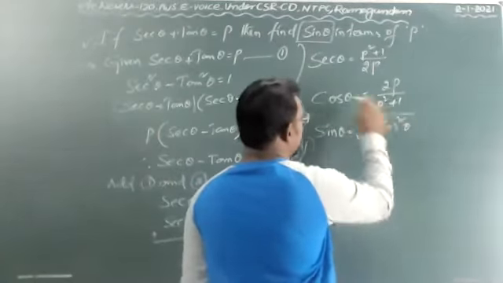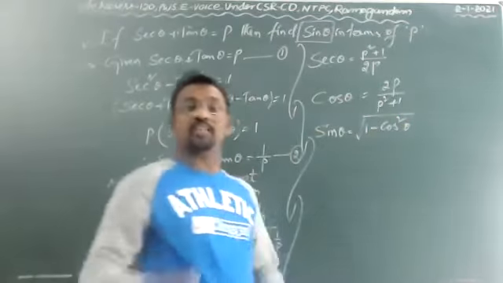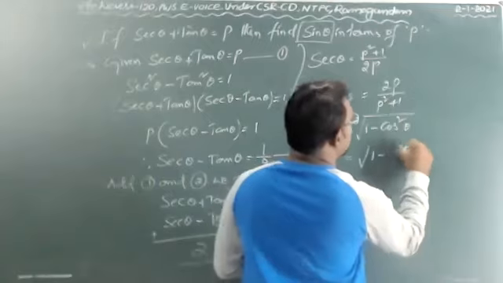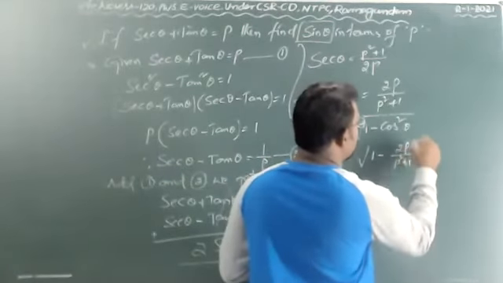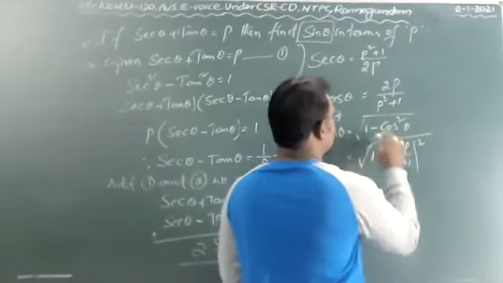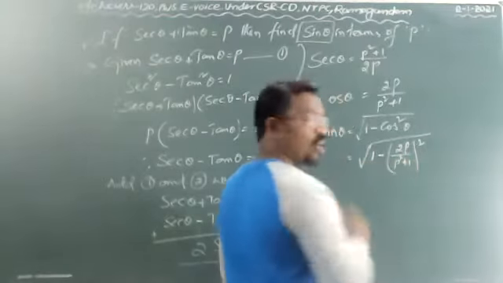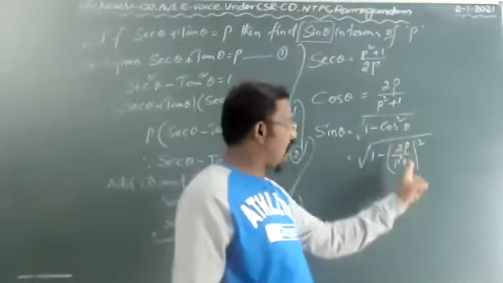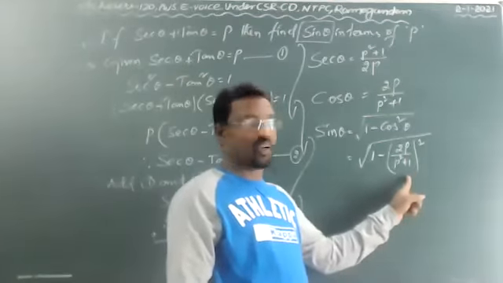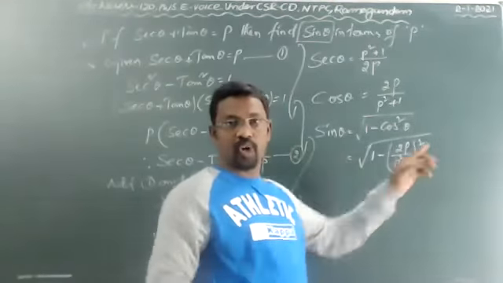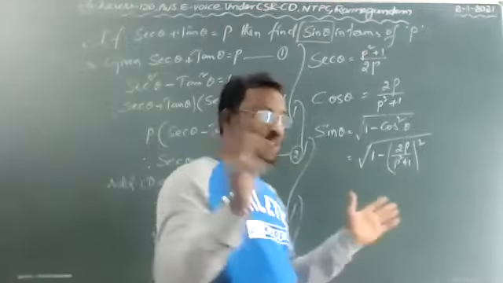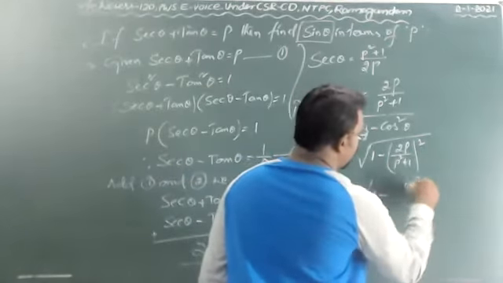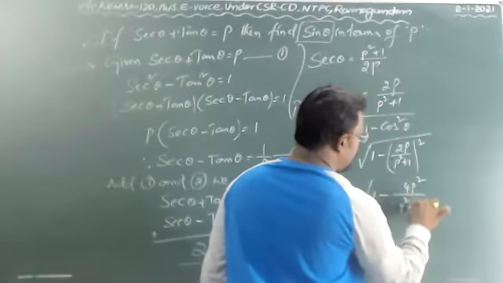Because we know the cos value, substitute it here: 1 minus 2P by P square plus 1, squared. Now expand that whole square. So you will get 1 minus 4P square by, don't expand, keep it like this.